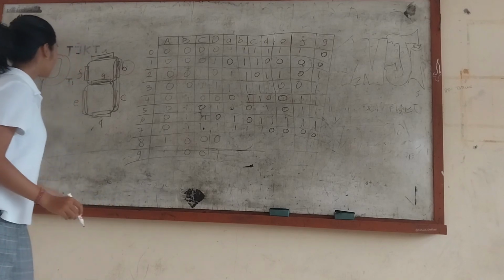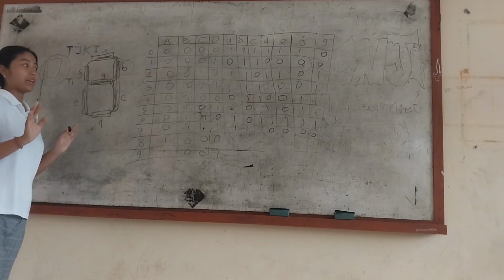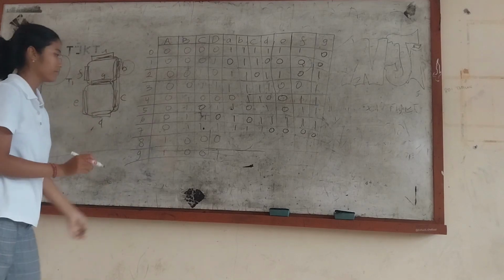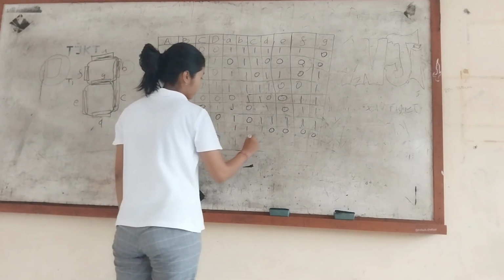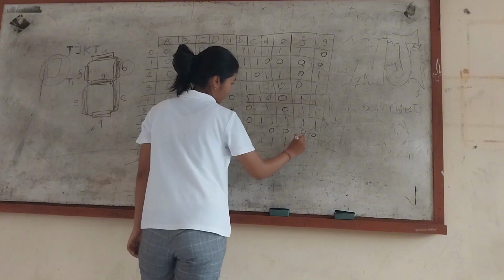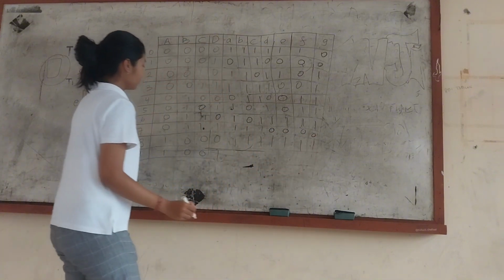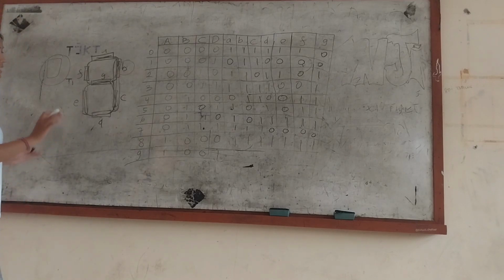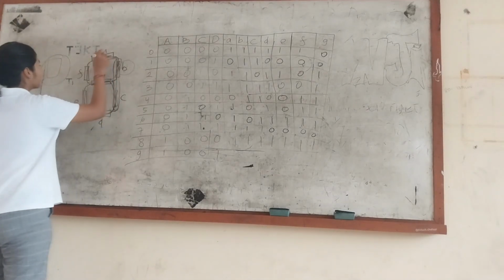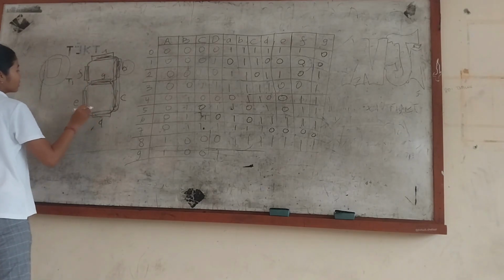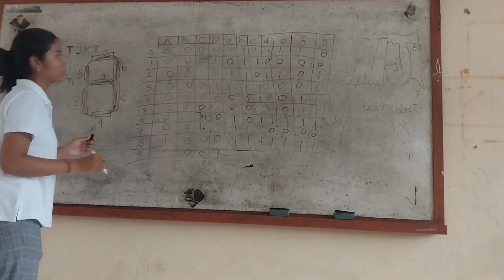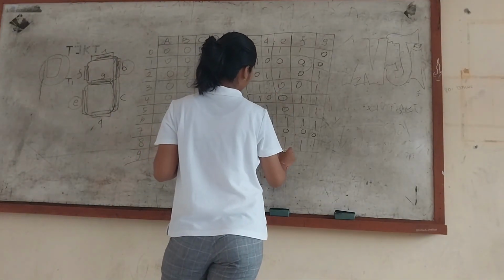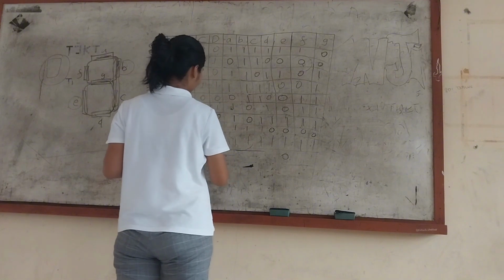And the others are 1. How about making 8? All of these are 1. And I will make 9, the last one. So E is 0, and the others are 1.